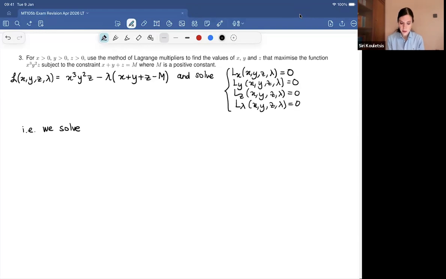Now, starting with Lx here, we treat y, z, and lambda as constants. And so looking at the Lagrangian here, this y squared z is going to be treated as a constant. The 3 from x cubed comes down, the new power becomes 2.